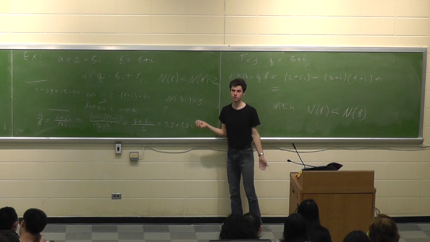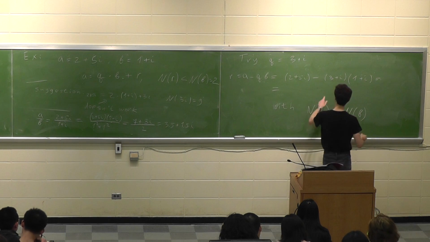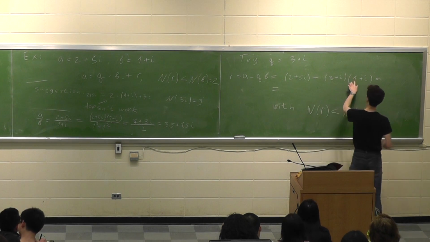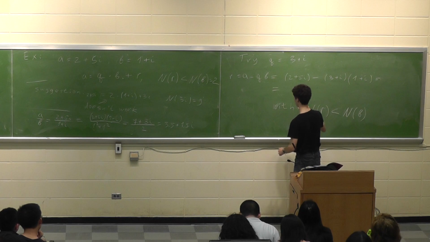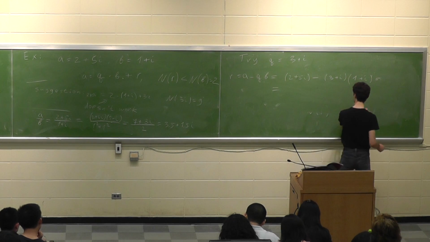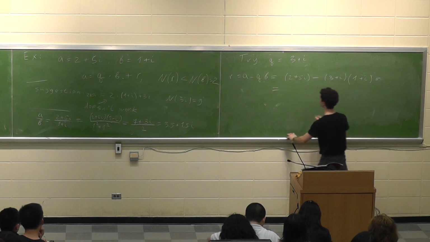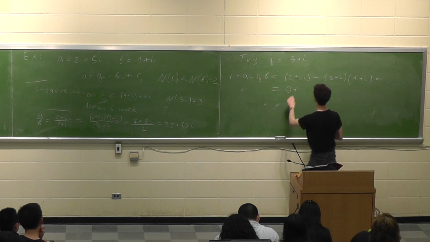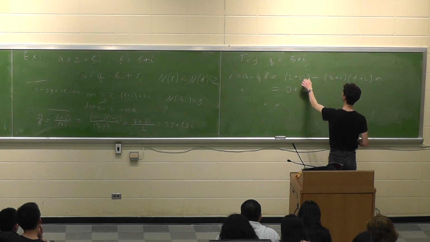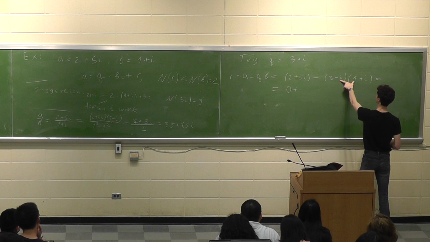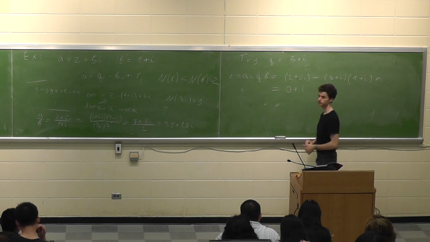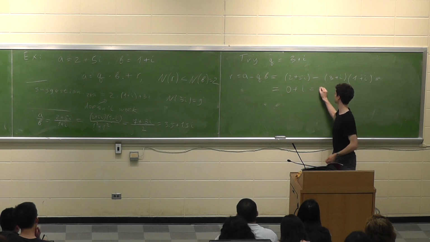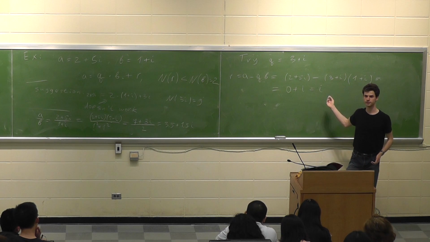Just open the brackets, and we get 2 minus 3 plus 1, so it's 0, plus 5i minus i and minus 3i, so plus i. So we get i.